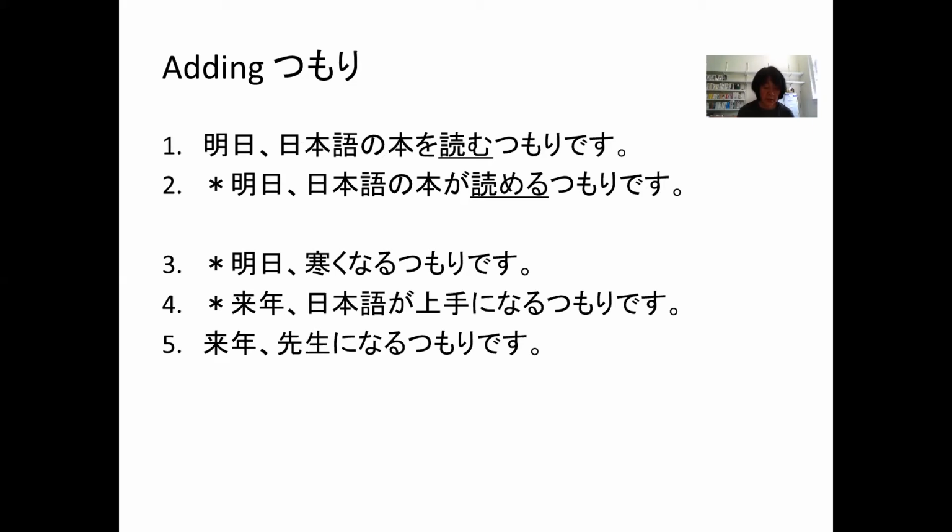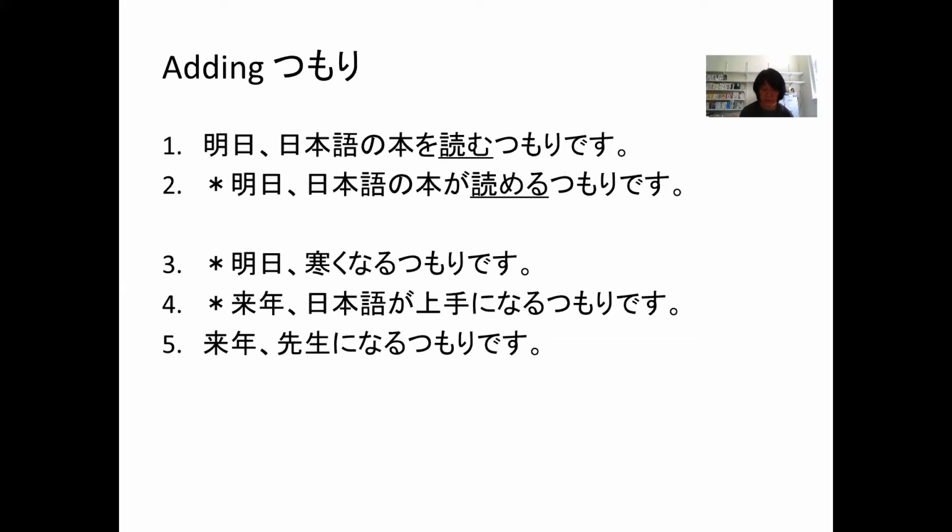Adding tsumori at the end of a sentence can also be used to test how controllable the action expressed in the sentence is. Tsumori expresses a strong intention to carry out the action expressed immediately before it. For instance, sentence 1 means, I plan on reading a Japanese book tomorrow.